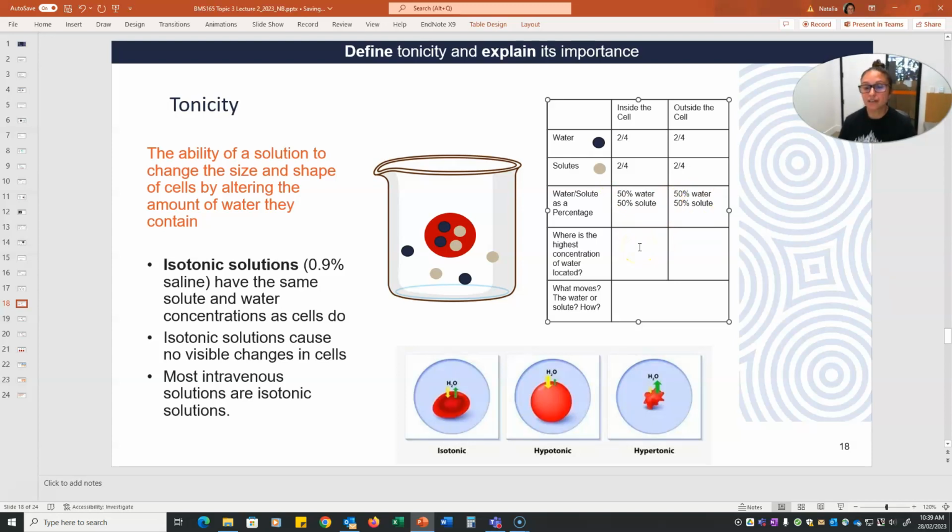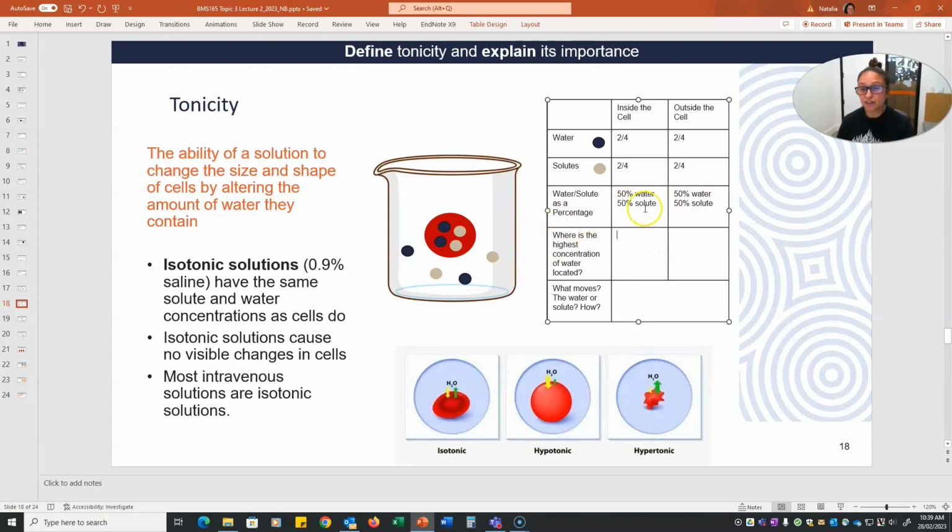Let's have a look and see. Inside the cell, we have 50% water. Outside the cell, we have 50% water. Where is the highest concentration of water? There isn't one. It's the same on both sides.